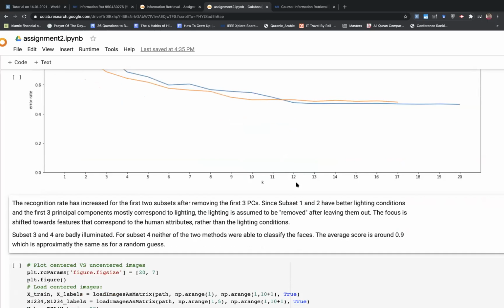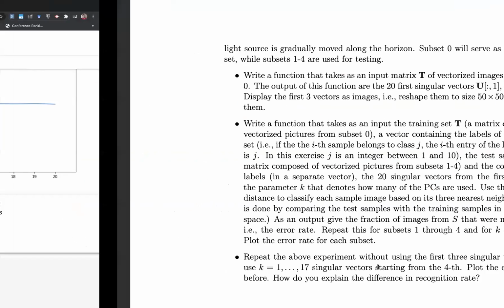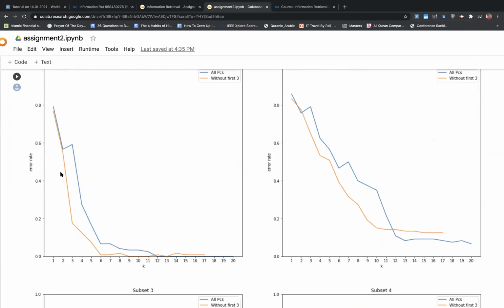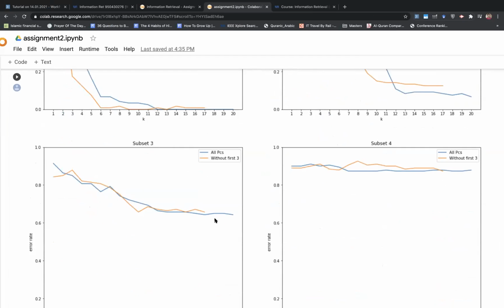Okay, so now the question was, how do you explain the difference in the recognition rate, right? We have plotted the error as before, but we see that there is a difference in the recognition rate for, let's say, subset 1, right? There was a bit of a difference for subset 2 as well, but for subset 3 and subset 4 there was no difference at all.